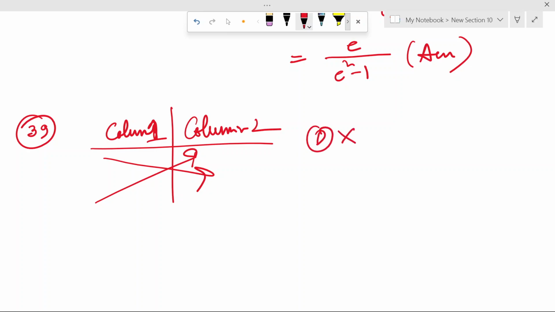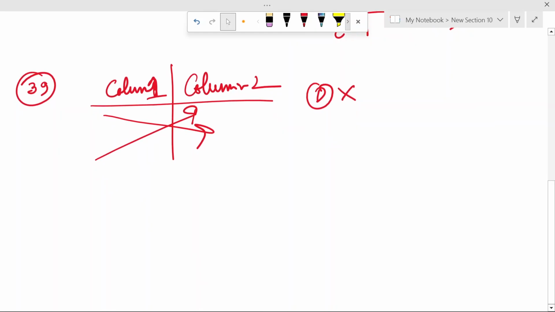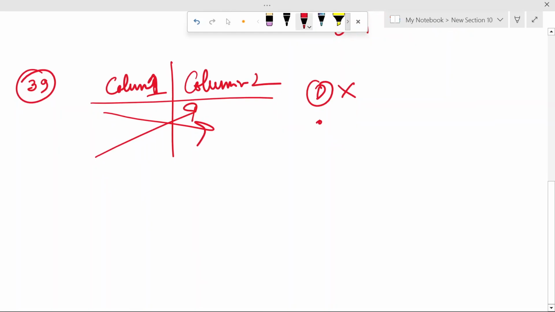Let's look at option C. It says that visible light is used for the photoelectric effect, which is correct. Then it says X-rays are used for crystal structure determination and pair production. But X-rays cannot be related to pair production, right? Pair production can only be related to gamma rays, as far as I know. So option C you can also eliminate.